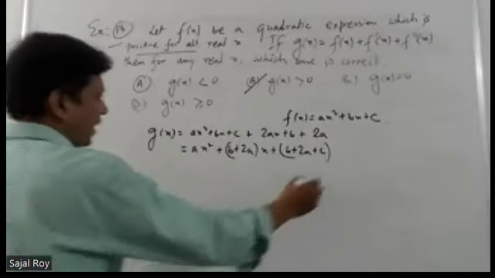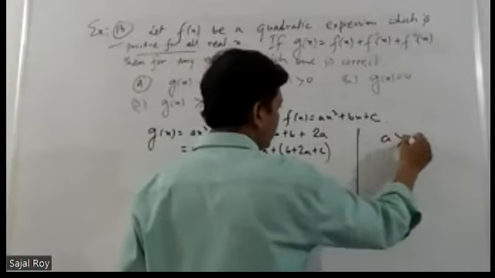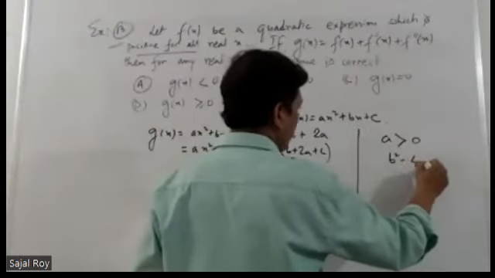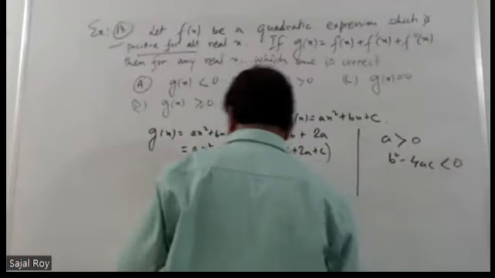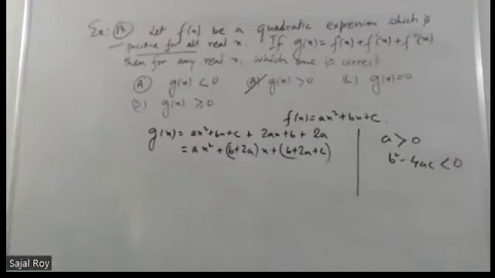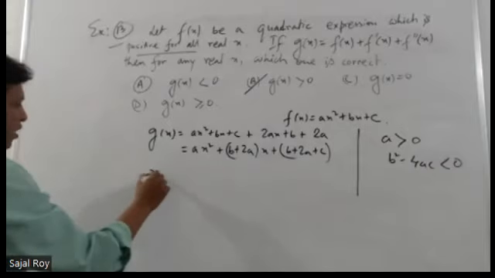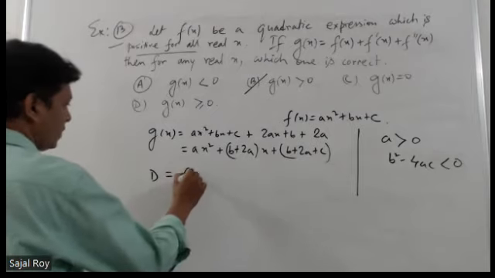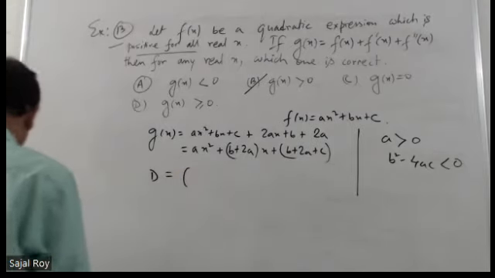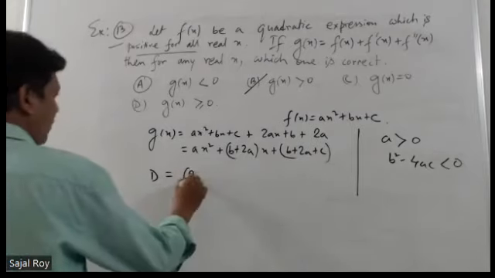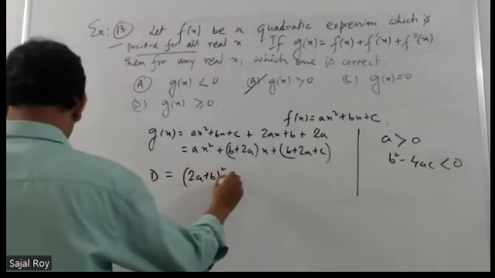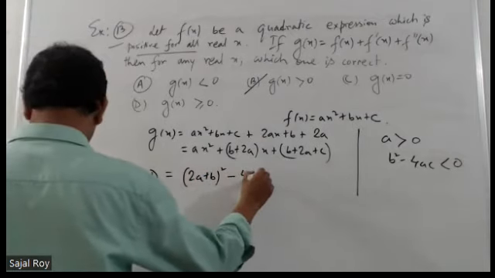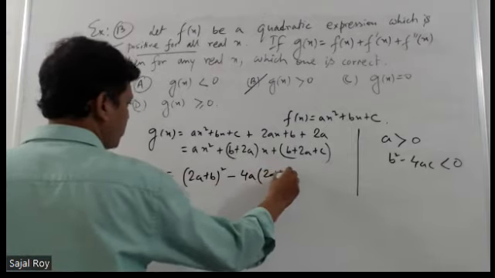So it's given a greater than 0, and the discriminant is less than 0. What about the discriminant of g? It will also be less than 0. 2a plus b whole square minus 4a into 2a plus b plus c.